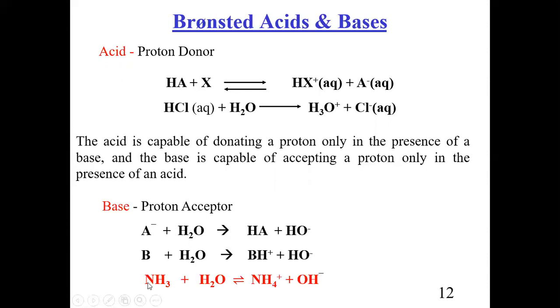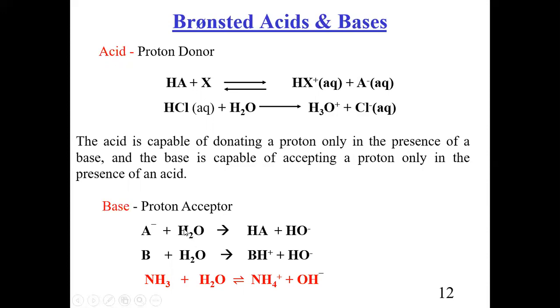Let's look at the base side from a basic perspective. Let's say I started off with a base. To start off with a base, I either have a base which is negatively charged or a base which is neutral. So let's look at this A minus. If I start with a base that's negatively charged and it accepts a proton, again, I have to put this water in.